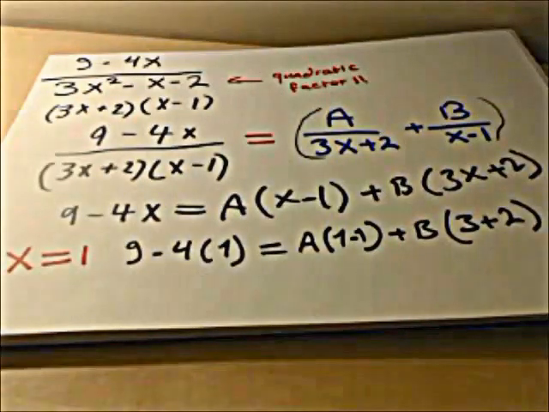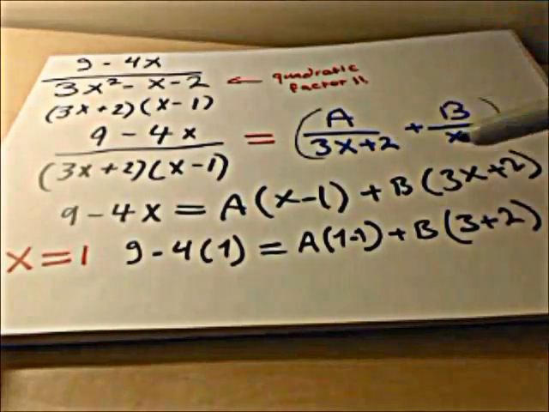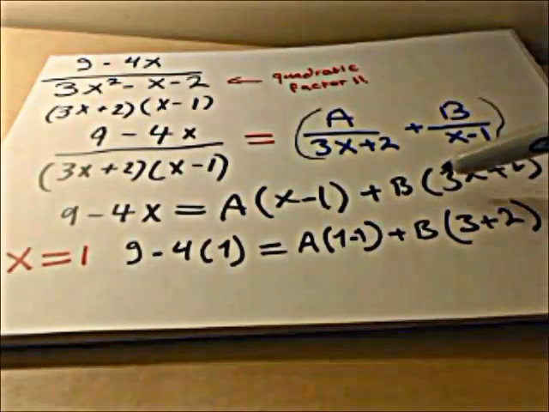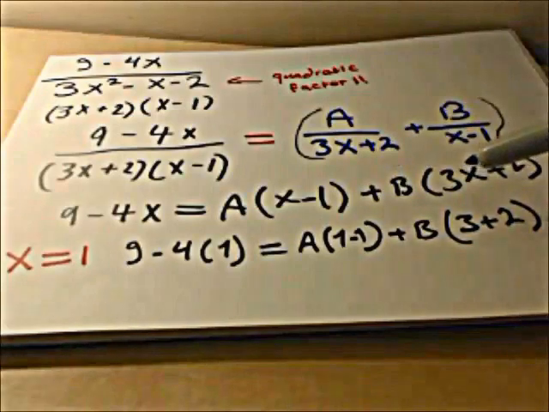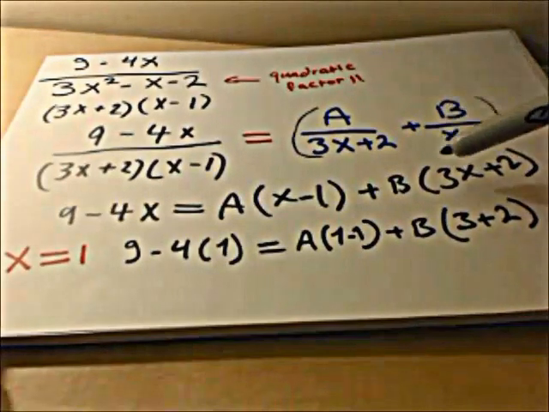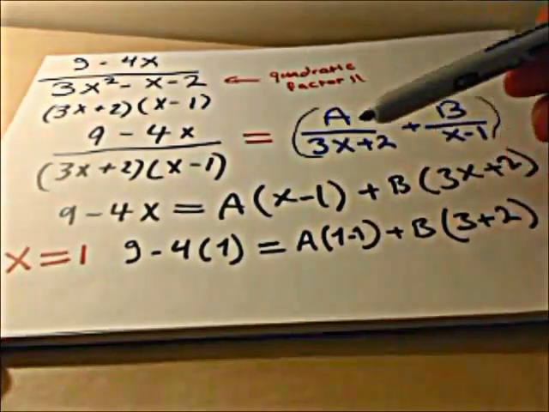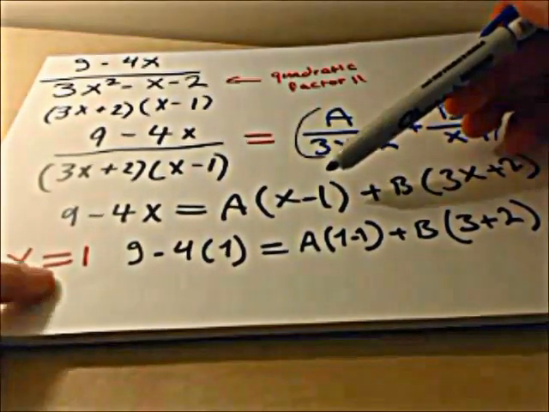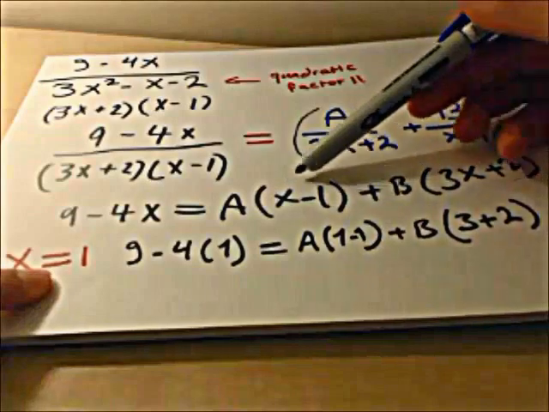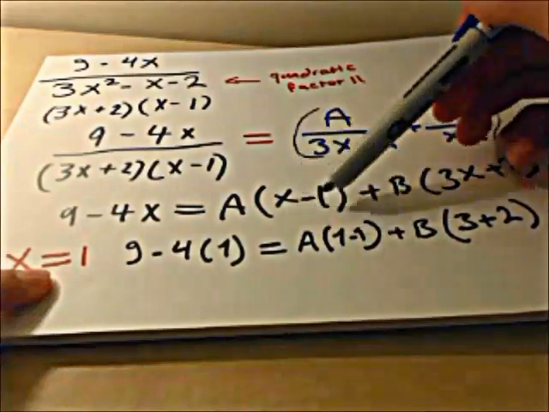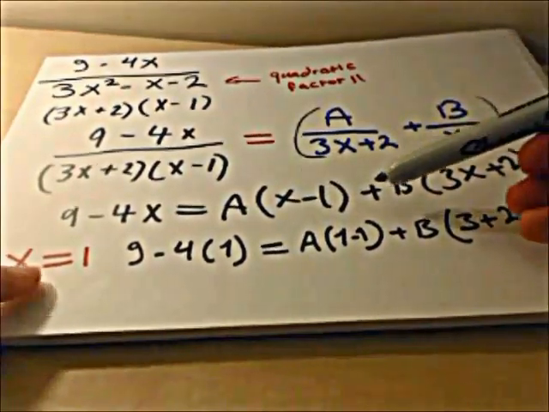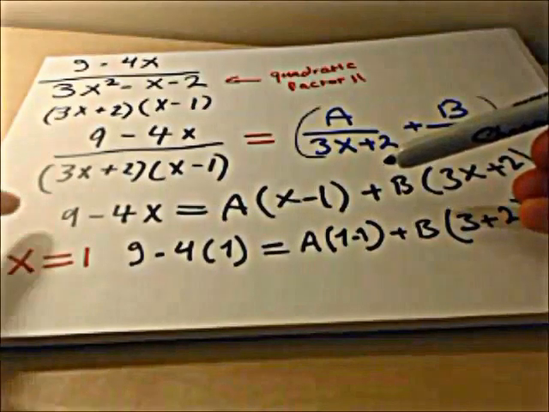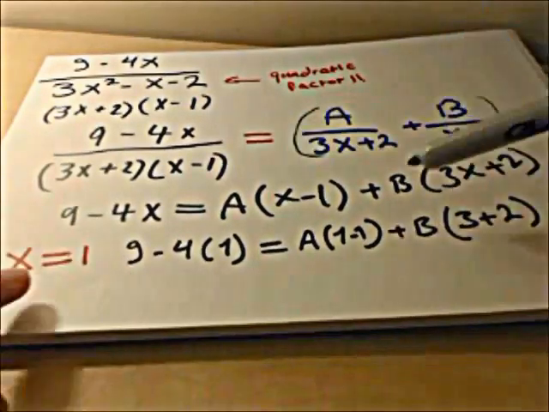What we're trying to do now is substitute an appropriate value for x to obtain A and B, but we have to do it individually, because we need only one unknown, not two. First we eliminate A by setting x equal to 1, so the whole term equals 0. We substitute all the x's with 1.